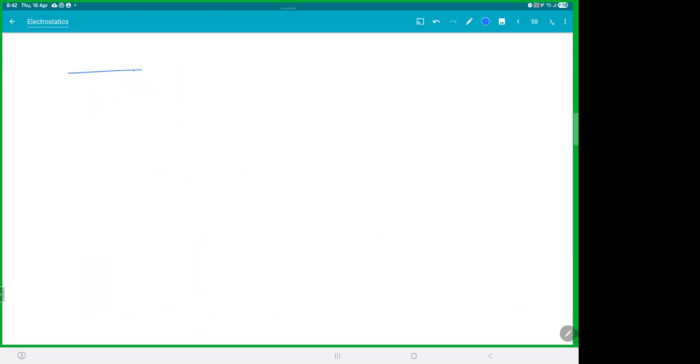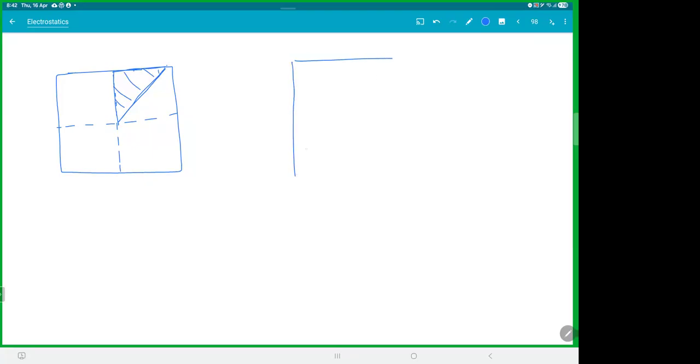Now, for a square plate, I will just take this one sector, one piece. I'll just exaggerate the figure. So this distance is a by 2. From here, take a very thin slice like this.